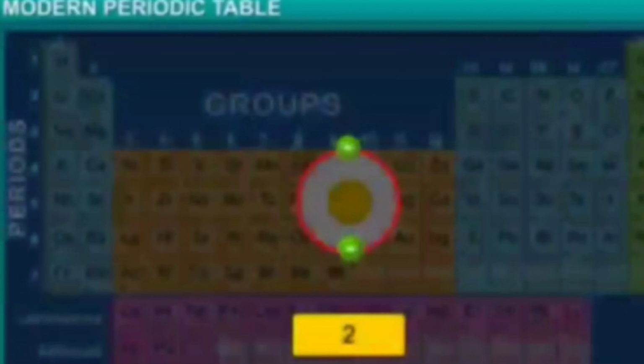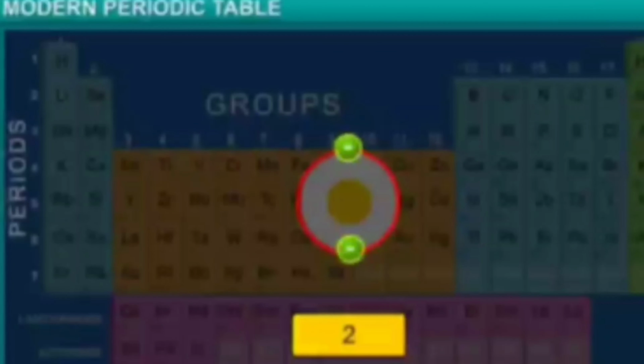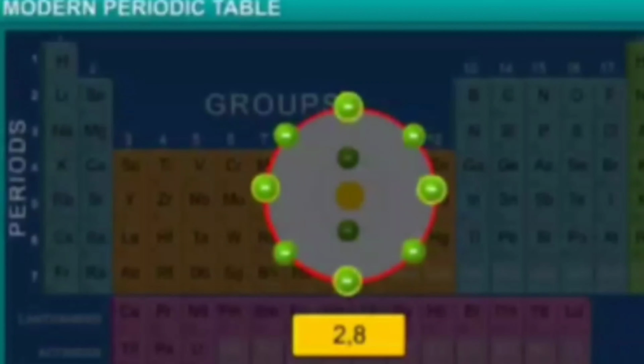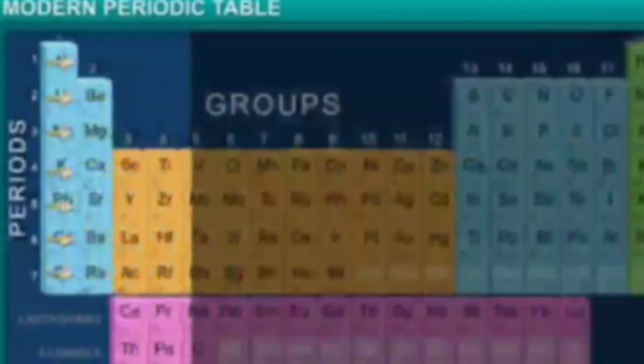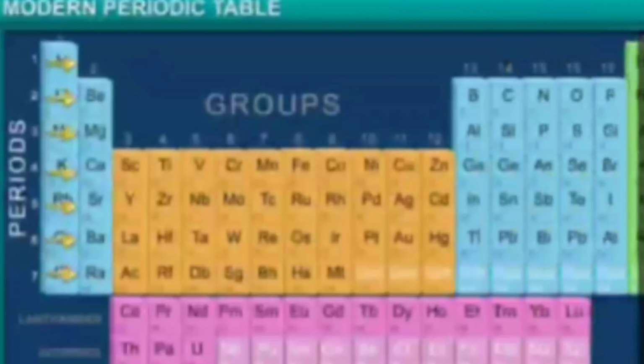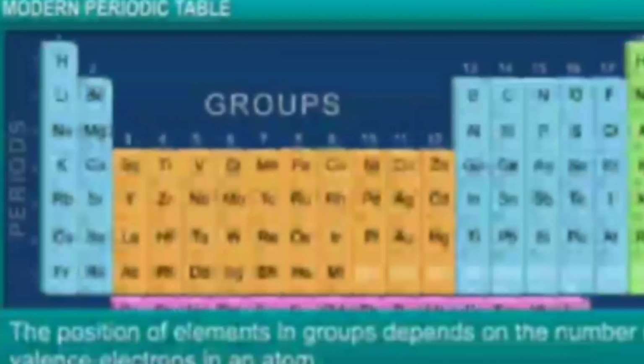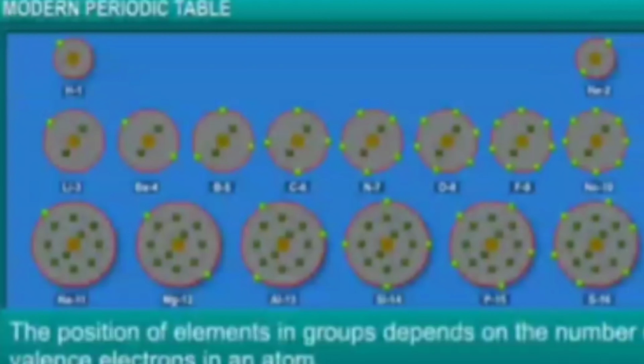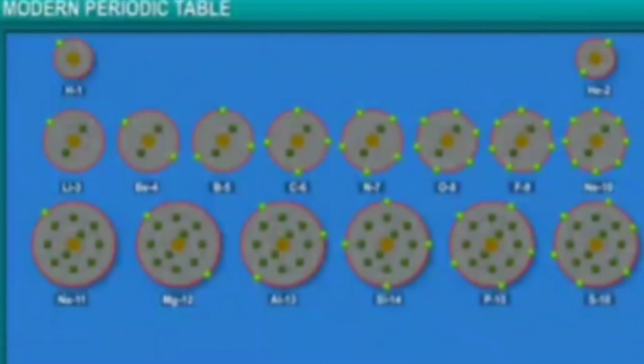So in the second period there are 2 shells, but electrons go on increasing in the second shell. So in a period we can see the number of shells remains the same, however the electrons go on increasing. The position of elements in a group depends on the number of valence electrons in an atom.